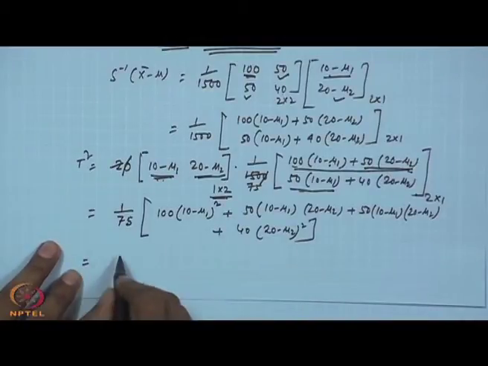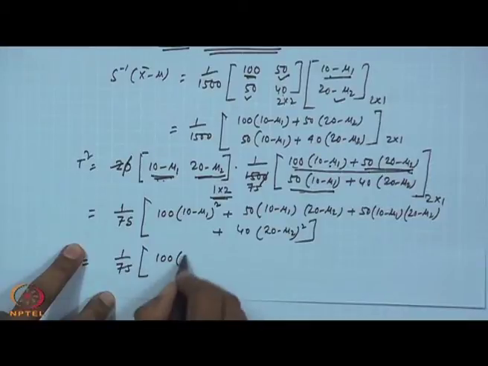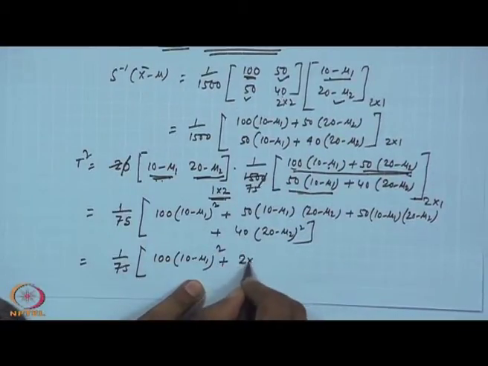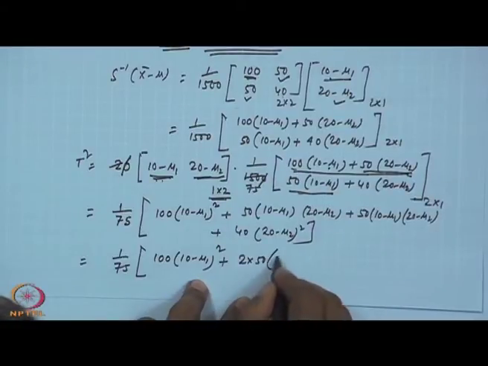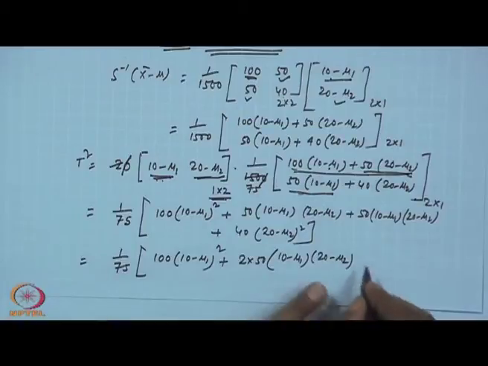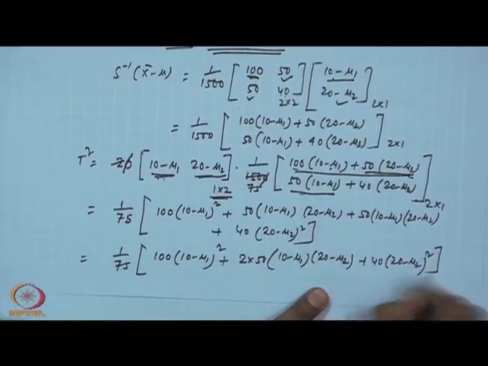So, the total will be 1 by 75 times [100 (10 minus mu 1) square plus 2 into 50 into (10 minus mu 1)(20 minus mu 2) plus 40 (20 minus mu 2) square].